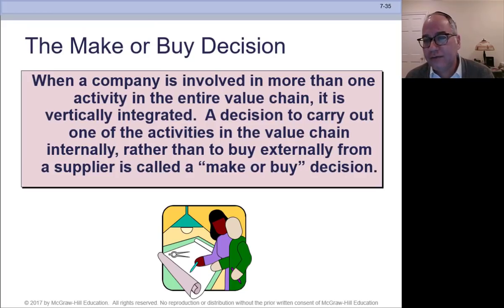And when a company is involved, we talk about the value chain. The value chain is all the different things that a company does to add value. And there's the idea of, you probably remember this from economics and management strategy, of being vertically integrated. That would mean how many steps along the value chain you have.